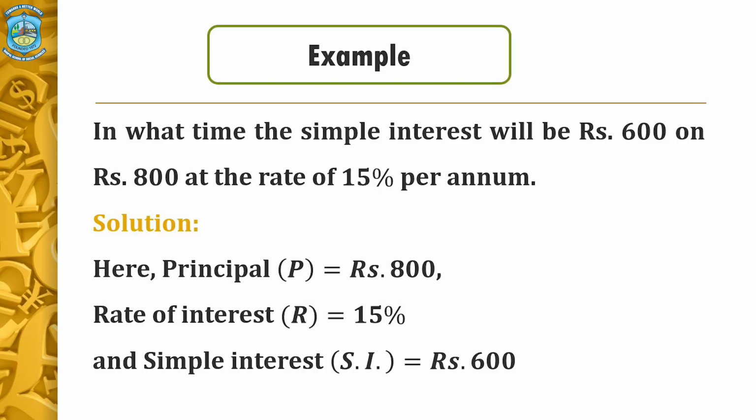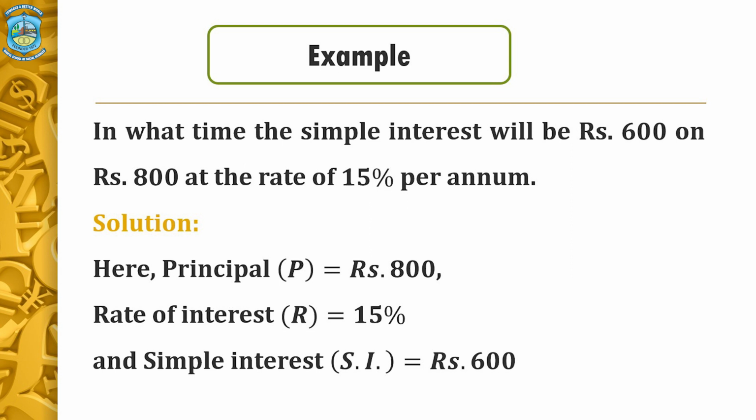Next example is, in what time will the simple interest be rupees 600 on rupees 800 at the rate of 15% per annum. In this example, principal amount is rupees 800, rate of interest is 15% and simple interest is given to us, which is rupees 600.